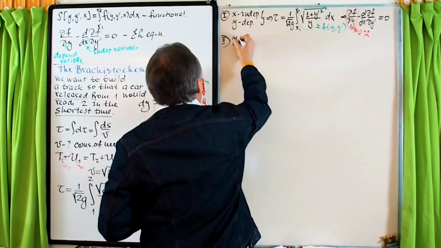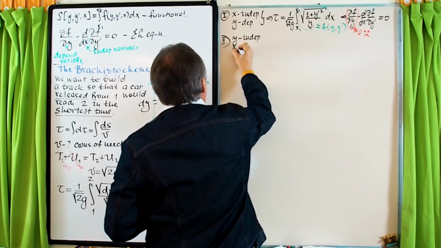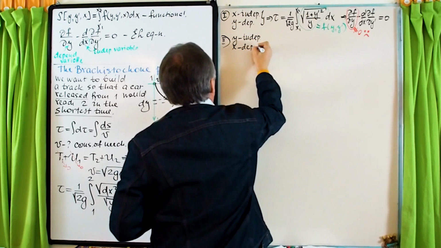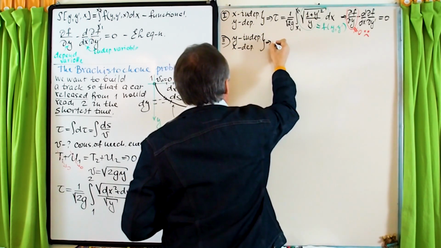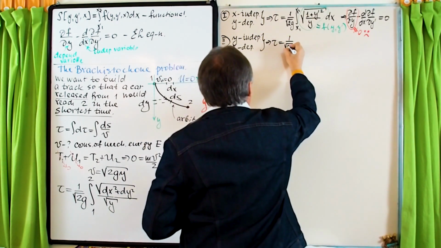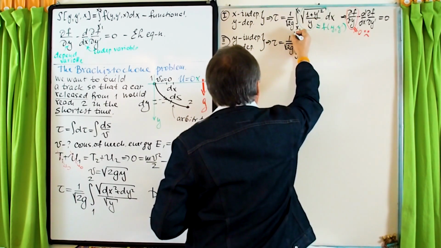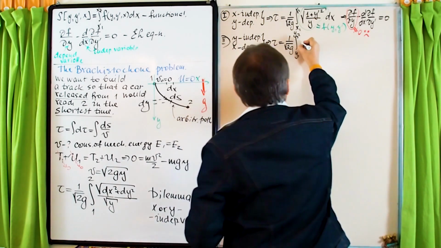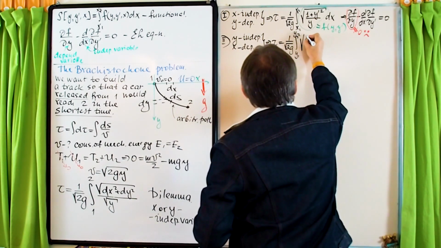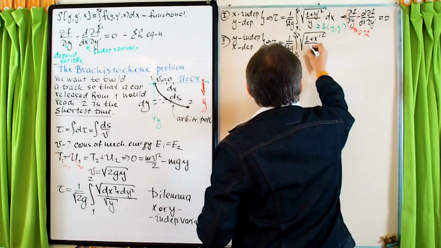So what if y is the independent and x is the dependent variable? In this case, the integrand of the functional will be, the integral now from y1 to y2, and we will have 1 plus x prime squared over y.